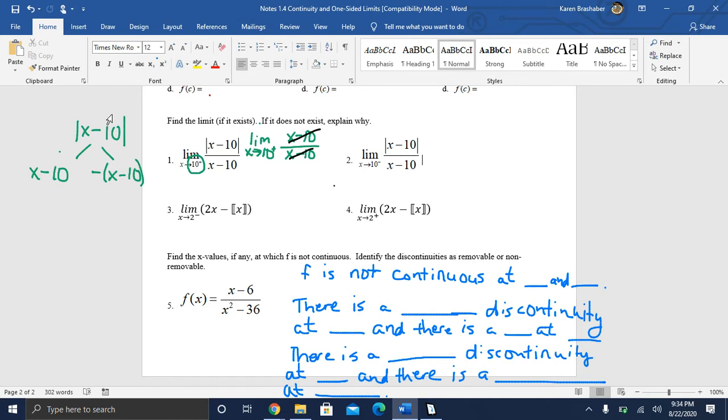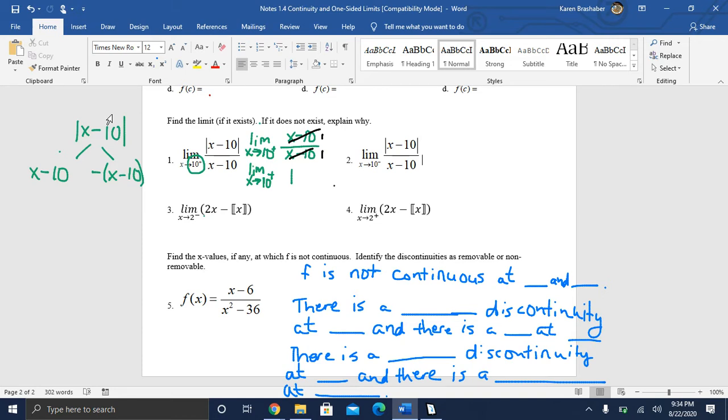Now, when you cancel, it's like division. So x minus 10 divided by itself would give you a 1. And so you're really doing the limit as x approaches 10 from the right of 1. And the value of a limit for a constant is just that constant.